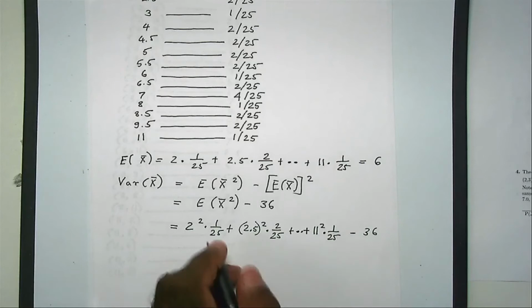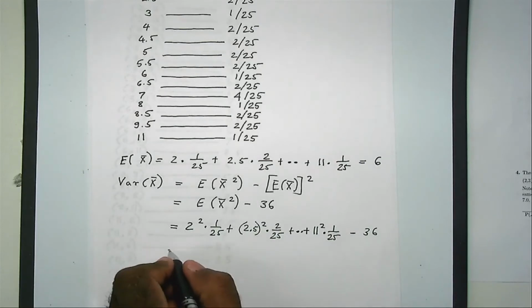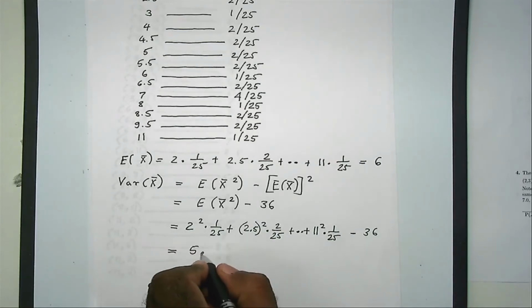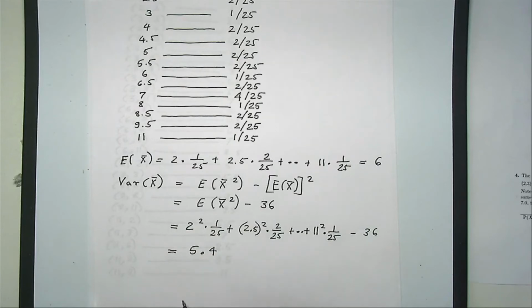Now if you do the calculations, this will come to around 5.4 approximately. Alright, so this completes part 3 of question 3, and also completes the solutions to question 3.